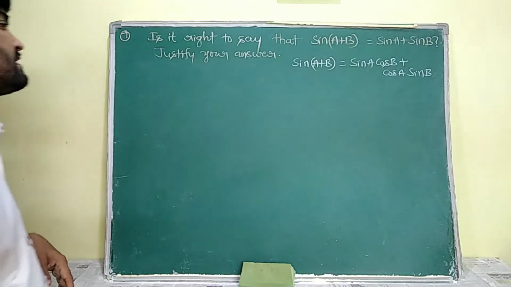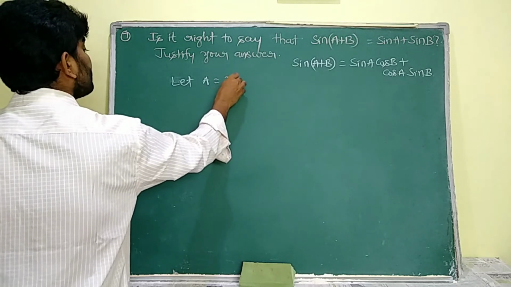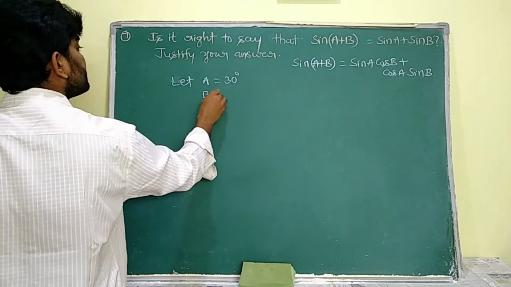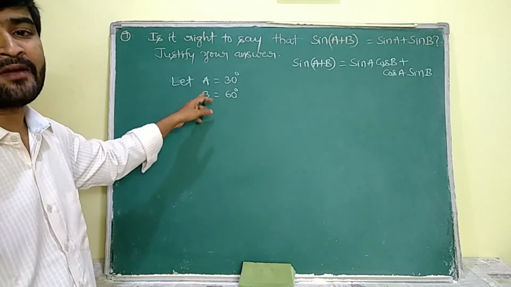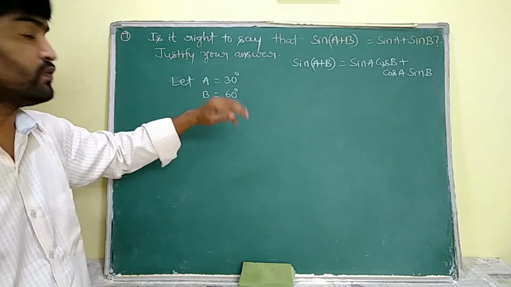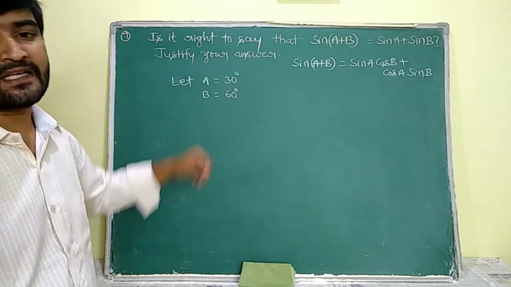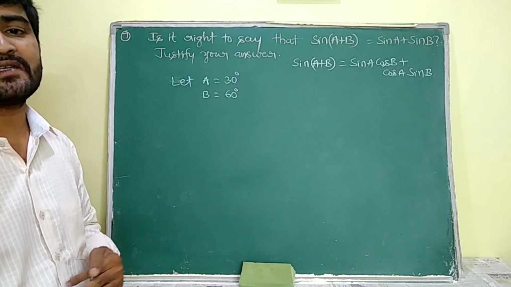For that, let A be 30 degrees and B be 60 degrees. You have to take A and B values which are known to you, and the sum A plus B is also known to you. That is 30 plus 60, that is 90. The trigonometric ratios of 90 degrees are known to you.